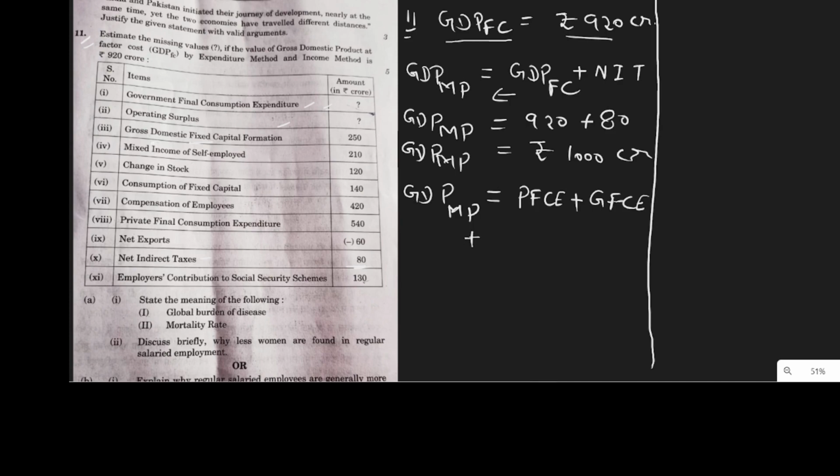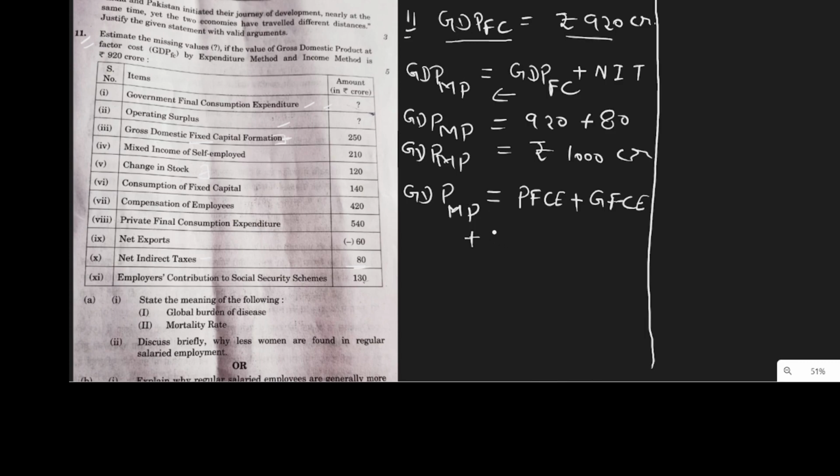Are we given gross domestic capital formation? We are given gross domestic fixed capital formation. So instead of writing gross domestic capital formation, I can write gross domestic fixed capital formation plus inventory or change in stock. Am I given? Yes. We know these two together constitute gross domestic capital formation. So if we are given the things in parts, it is better to write them in parts.